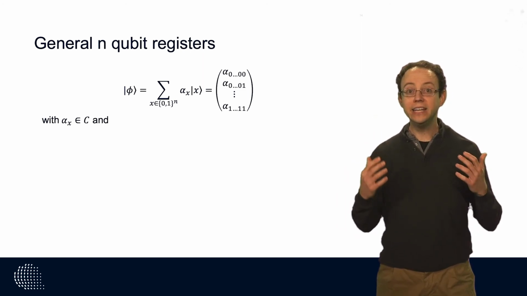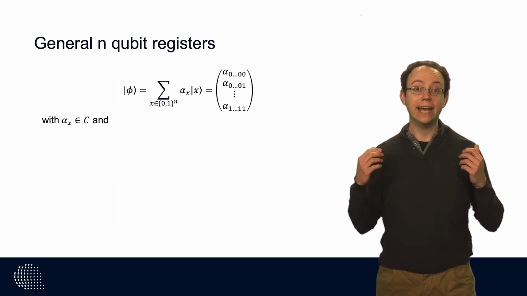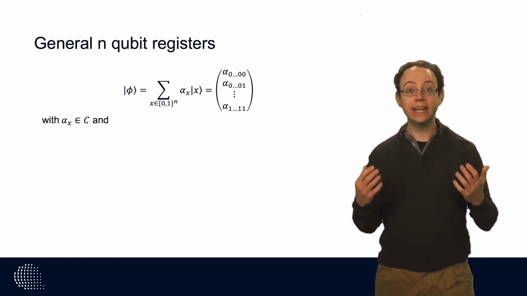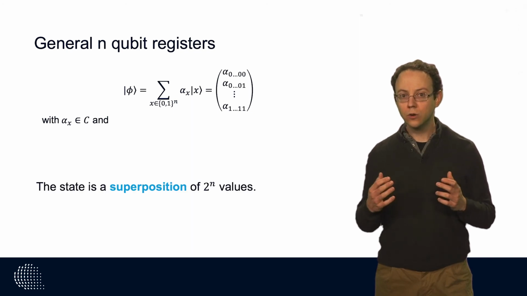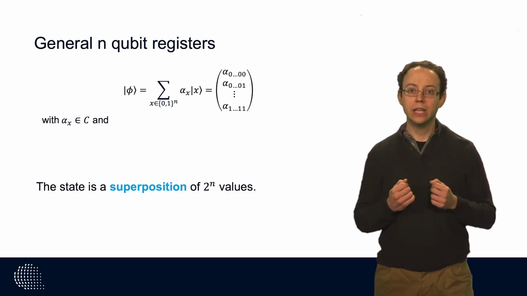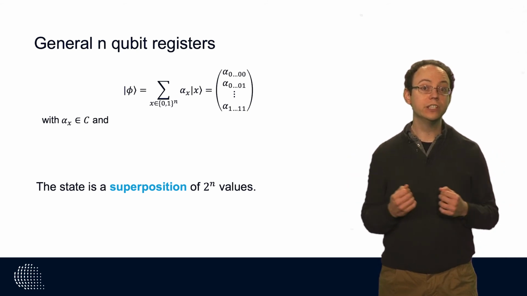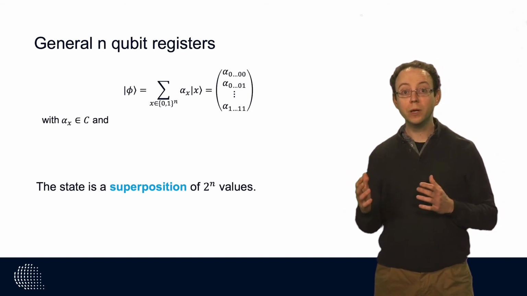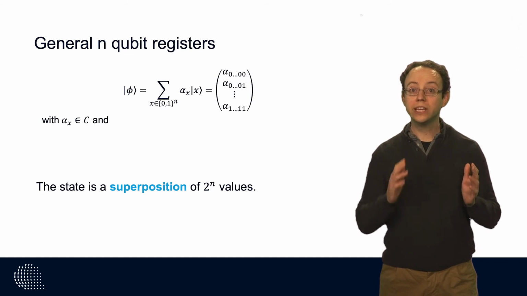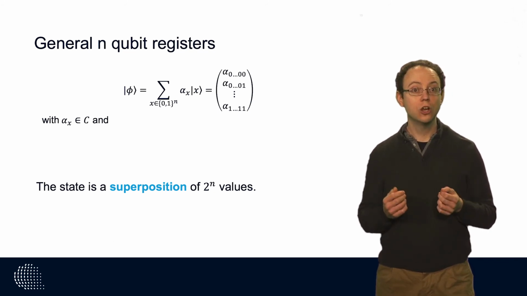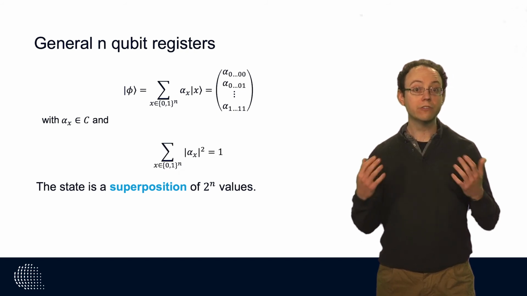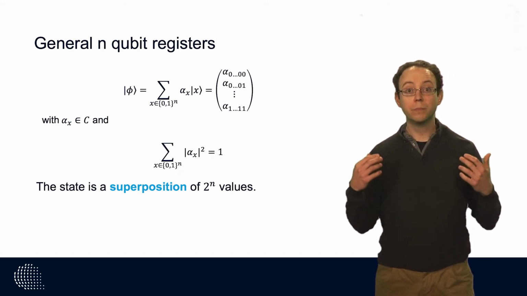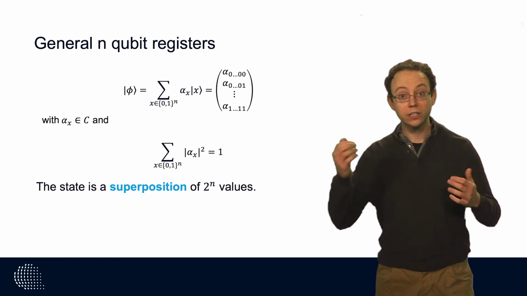That is a linear combination of 8 states for an 8-dimensional complex vector space. So, in general, if I have an n-qubit register, it will be in a superposition of the 2 to the n possible combinations of the n-qubit registers, always with the restriction that the sum of the probability amplitudes squared is equal to 1.